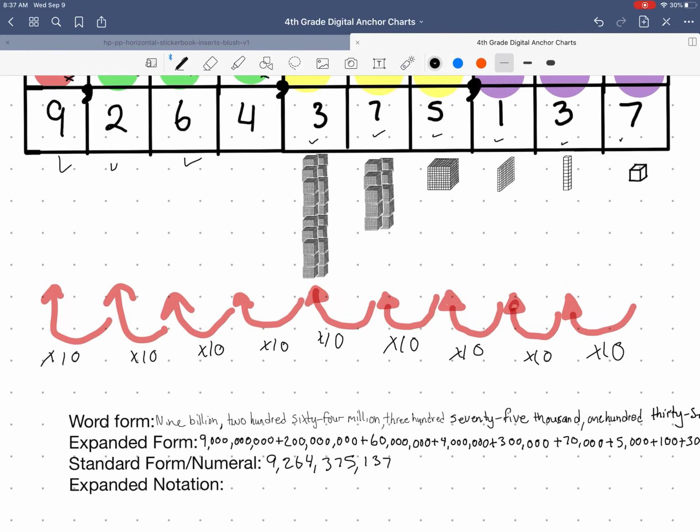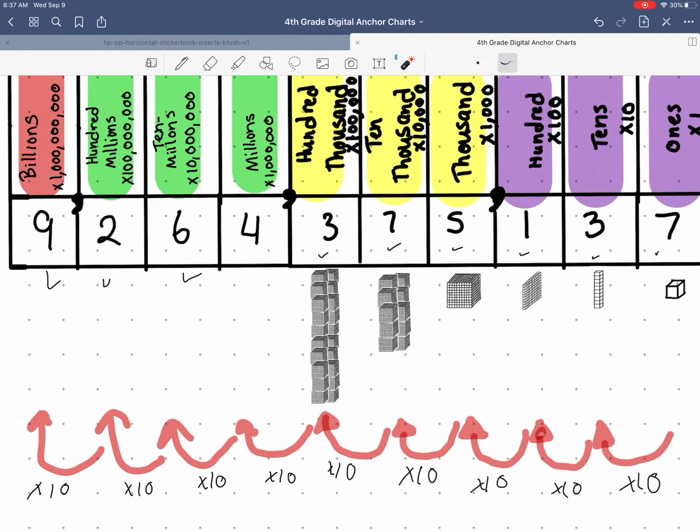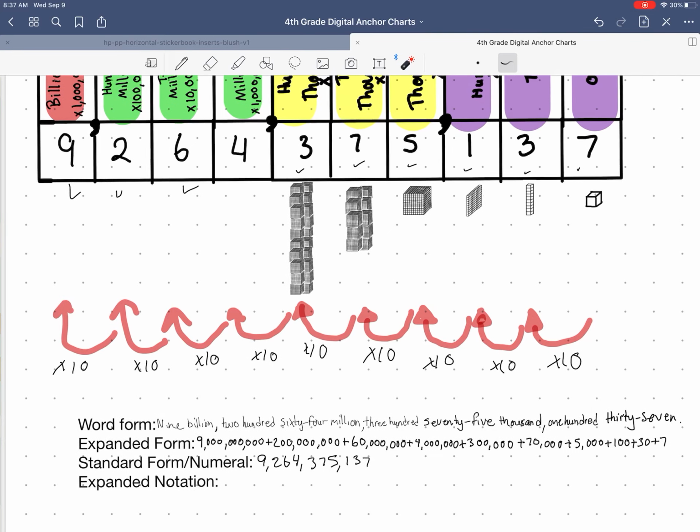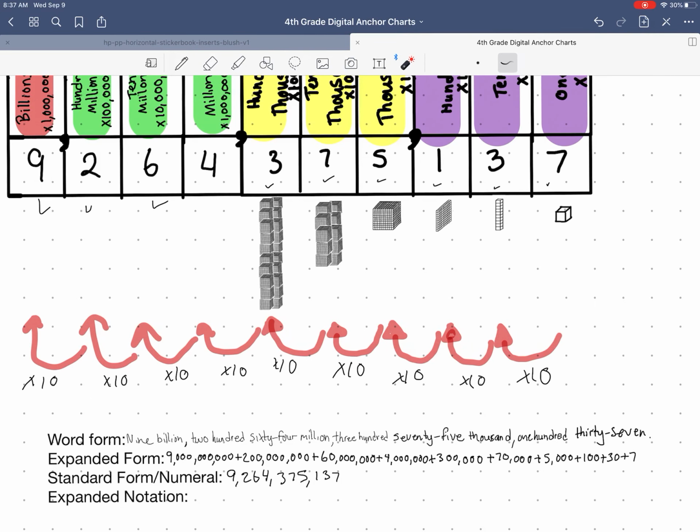Okay, now expanded notation. Expanded notation is multiplying the digit itself times its place value. Are you ready? So let's make this really quickly, you guys, because it's taking too long. Alright, let's begin. Now we're going to do 9 times 1 million.